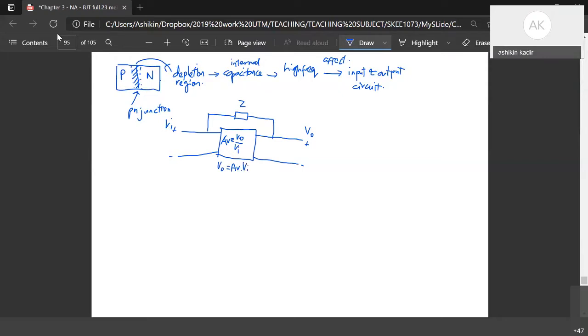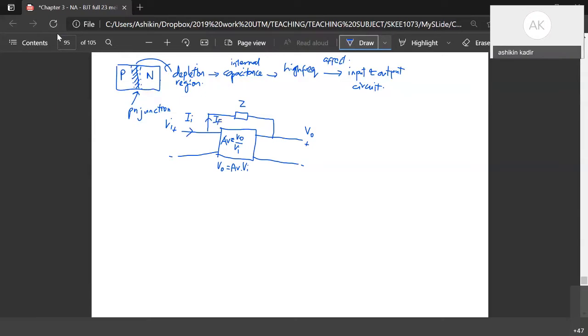For the circuit, we know that when we have the voltage supply, there must be a current flow, which we denote as I input. This current will flow through our device and also through the capacitance, which I denote as IF, or feedback.